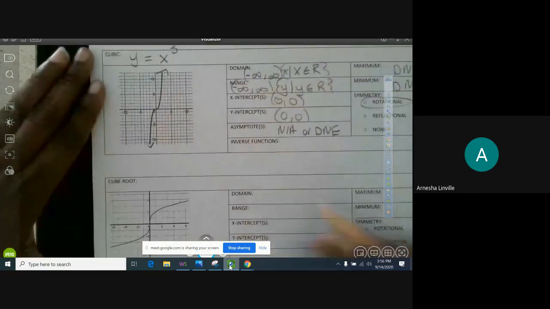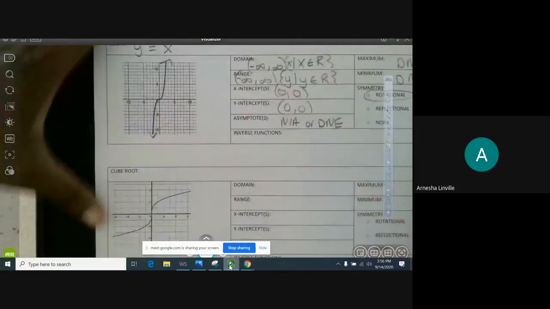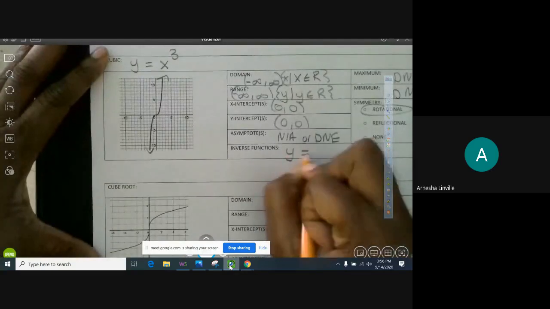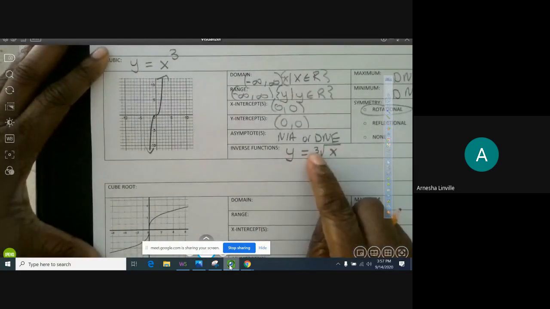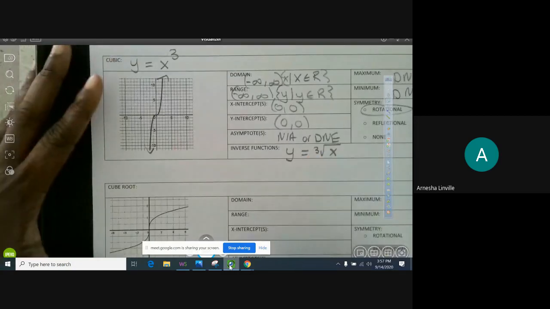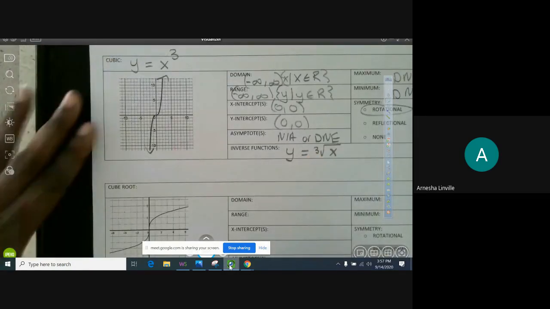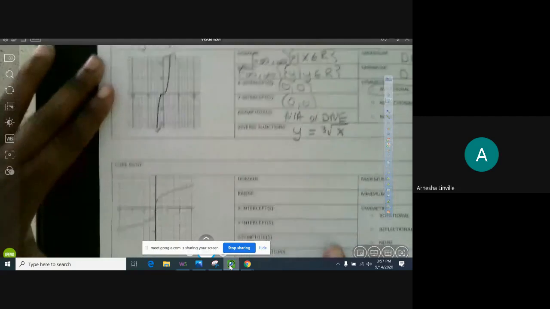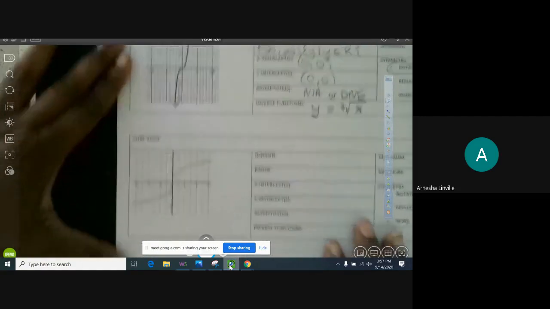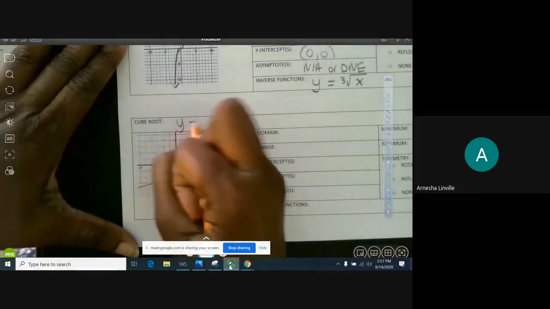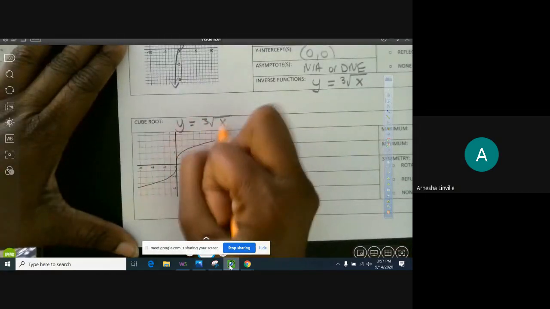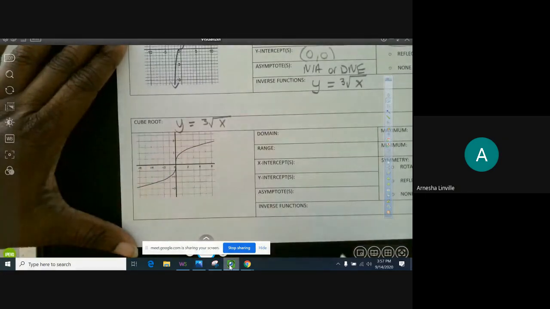Okay, and the inverse of a cubic is a cube root. It's a little 3 as an index right there with a square root sign. That's how you write cube root. All right, the last parent function for today is cube root, which is written as such.